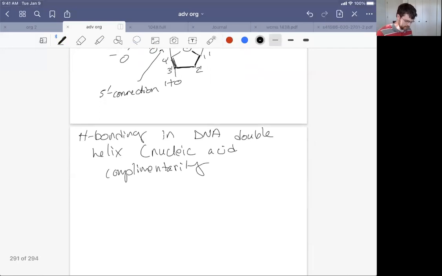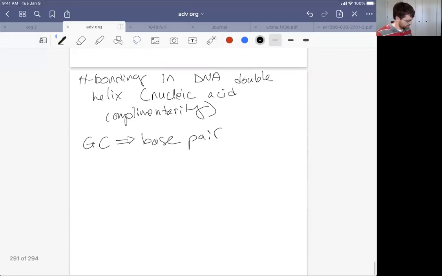Okay, nucleic acid complementarity. All right, so you probably recall we have G and C, these pair up. A base pair. Now the reason why they pair up is all due to hydrogen bonding.